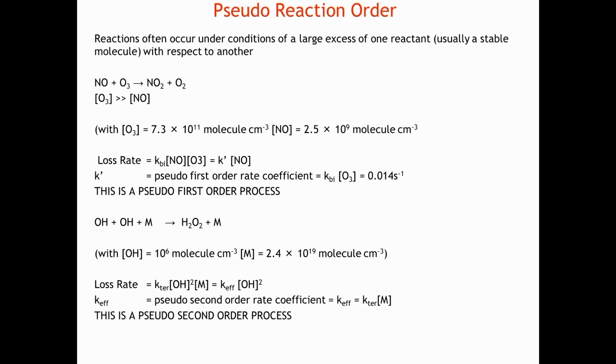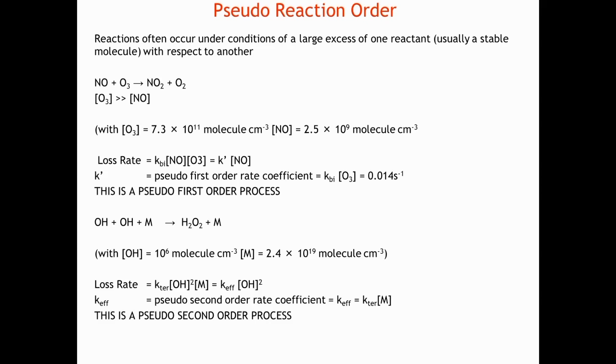So if you were given the concentrations of reactants and you were given their bimolecular or termolecular reaction constants, could you turn them into pseudo first order and pseudo second order rate constants? Do you understand why we're doing this? Or do you understand the process by which we're making the assumptions?